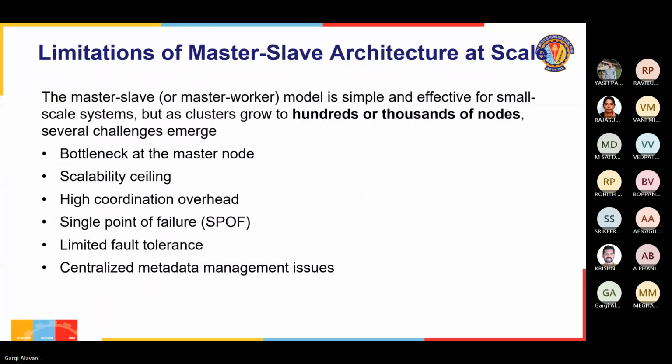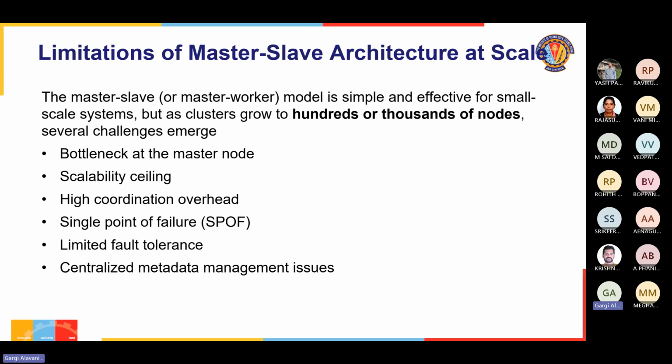The first could be a bottleneck at the master node, because all coordination, scheduling, metadata management, decision making, everything passes through a single node. As the workload and number of requests grow, the master node may become a performance bottleneck. For example, if a master node is handling 10 workers, it's fine. But what if it's asked to manage 1,000 workers or 10,000 workers?